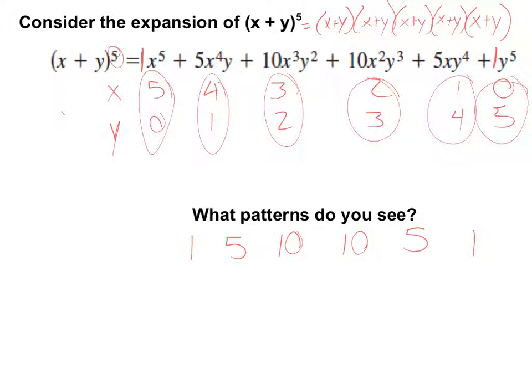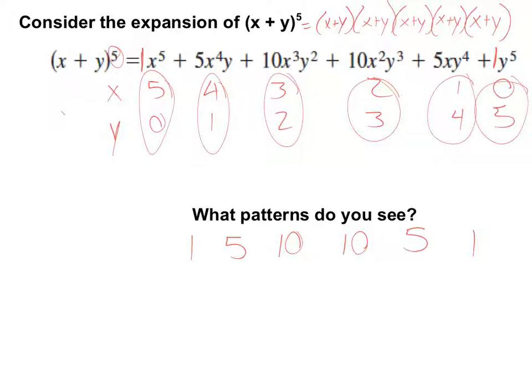There's one other thing I want you guys to notice. It's not necessarily a pattern within one of them, but as you look at all of the different expansions, you'll see it as a pattern. How many terms did we end up with? 6. One more. It's always one more than the power you're raising it to, okay?